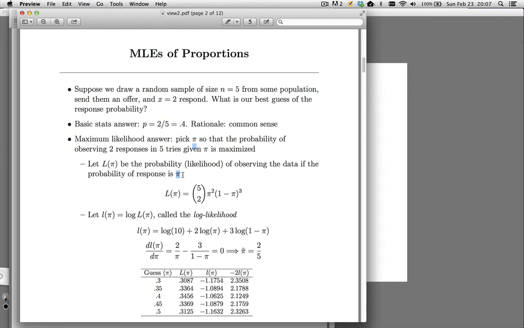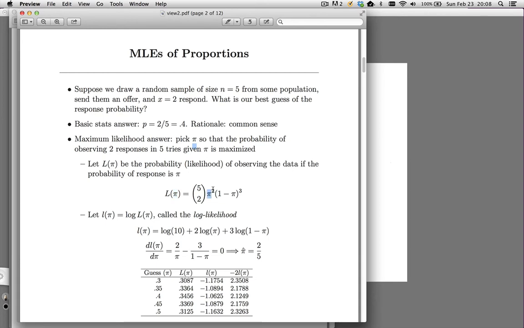So binomial distributions flip a coin some fixed number of times, in this case 5, and it tells us the probability of observing a certain number of heads, in this case 2. So the likelihood, which we're always going to denote by a big L, so big L at our parameter, is just going to be a binomial. So 5 choose 2, that's the number of ways we can get 2 successes out of 5 tries.